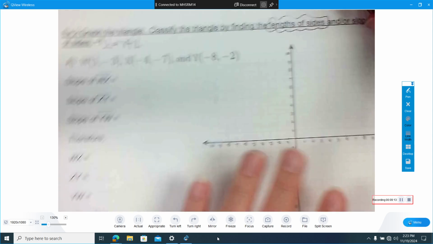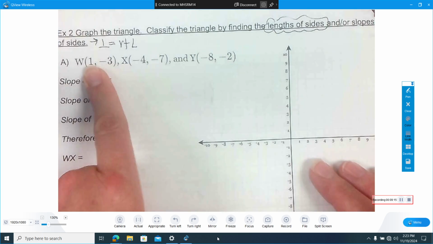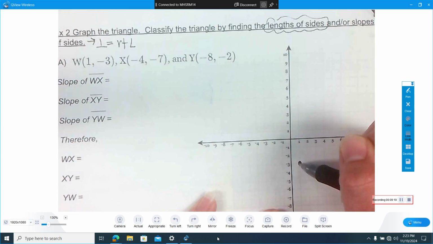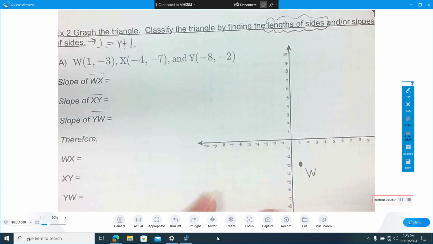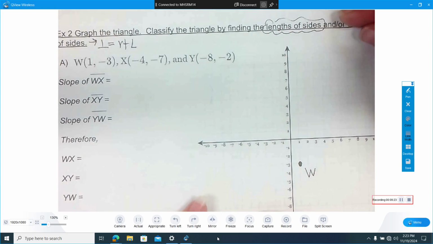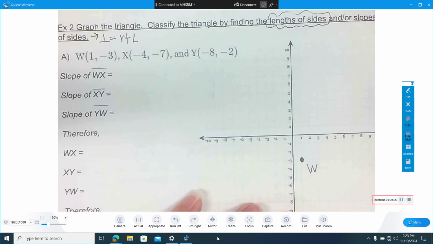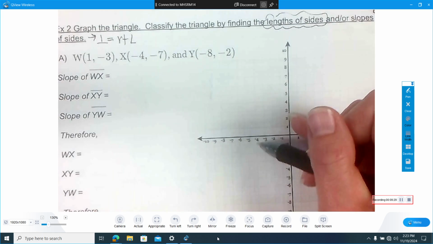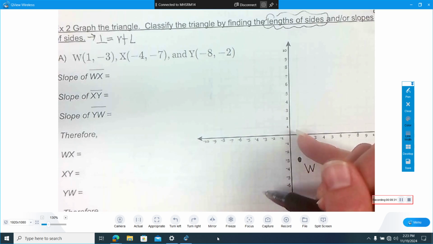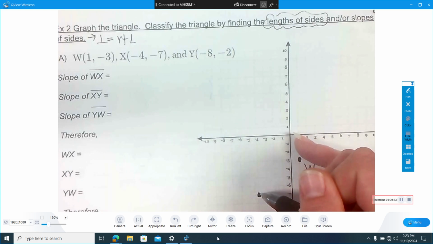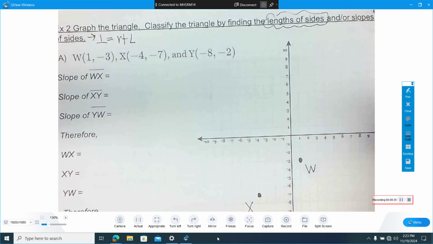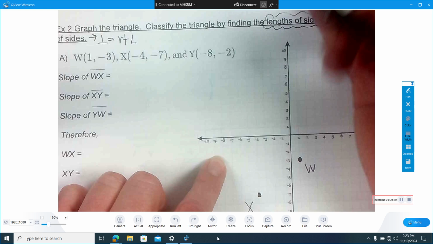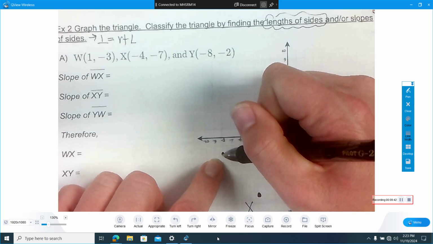So we're going to start by graphing our ordered pairs. So 1, -3, and I'm going to label it a W. I have -4, -7, which is right here, and I'm going to label that an X. And I have -8, -2, right there.